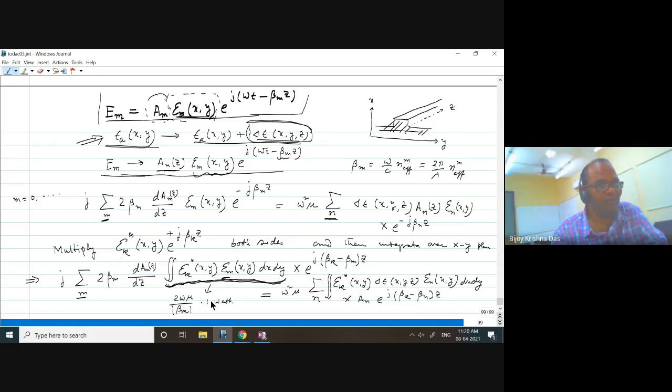And you should keep in mind that the modes are normalized to 1 watt. Every mode is normalized to 1 watt. So when every mode is normalized to 1 watt and k equal to m, then the integration will become this, which we proved in the last class, the orthogonality condition. You can check back in my last lectures.